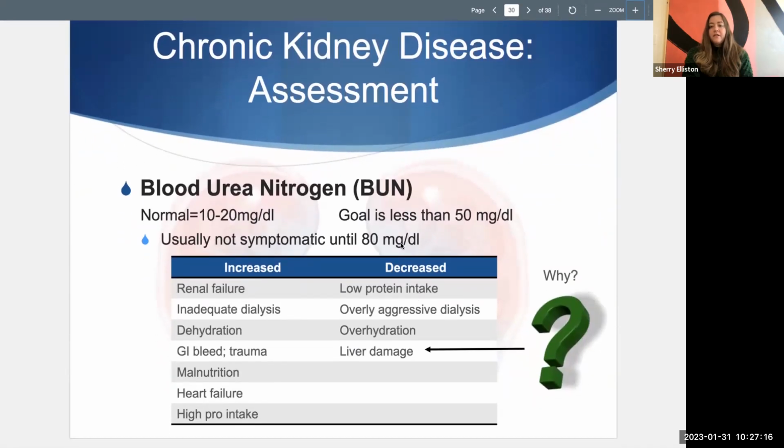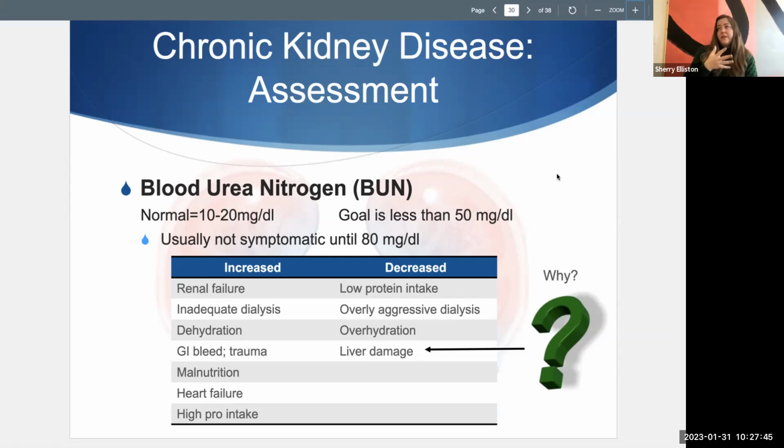BUN is another lab value that we use for assessment. So with BUN, the normal is like 10 to 20 milligrams per deciliter. The goal really is to keep it less than 50 in chronic kidney disease. And you may see the BUN increased in things like renal failure, dehydration, malnutrition, or in a really high protein intake.